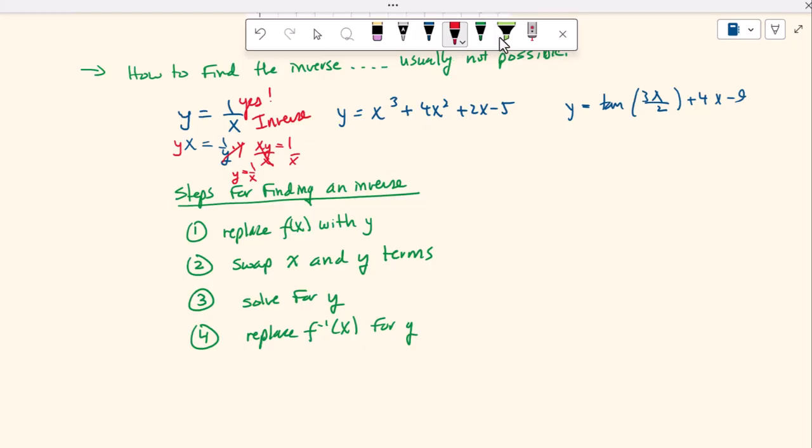Okay, now this next one, I can swap the x and the y. But I can't solve for y. When I look at this, there's no way that I can get y all by itself. So I cannot solve for y. So what ends up happening here is there's no inverse that can be found.